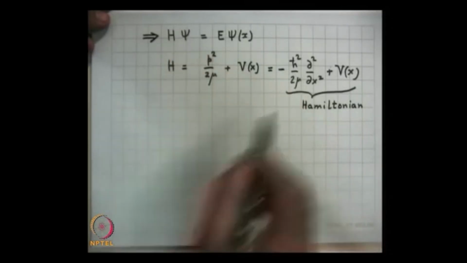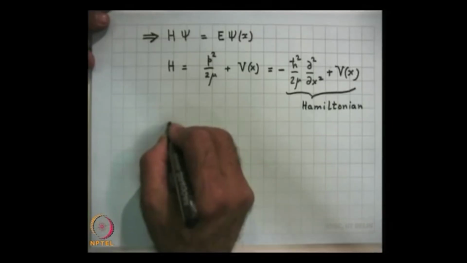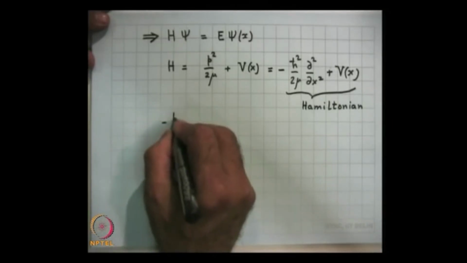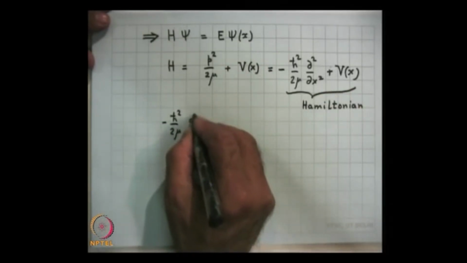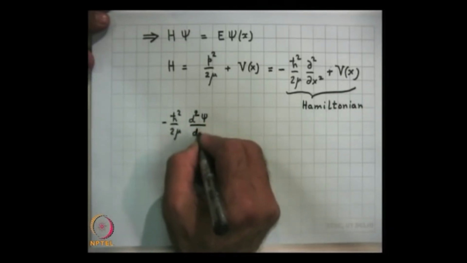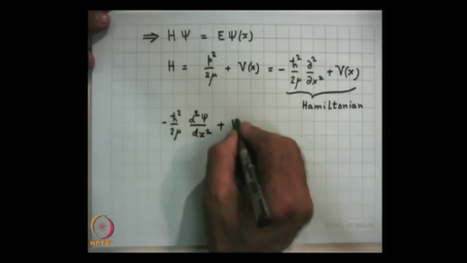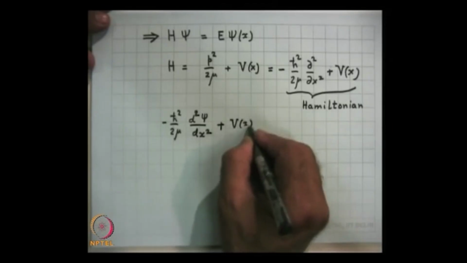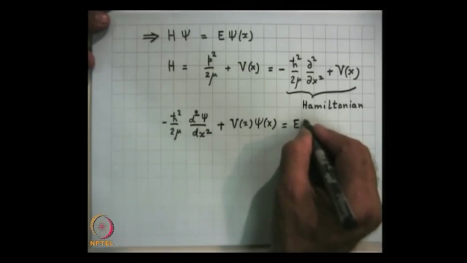If I substitute this here, as was obtained a few minutes back, minus h cross square by 2 mu, since psi depends only on the x coordinate, I can replace the partial differential operator by a total differential operator, d 2 psi by d x square, plus V of x psi of x is equal to E times psi of x.